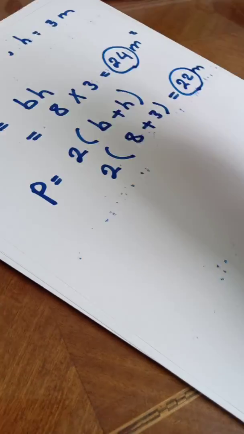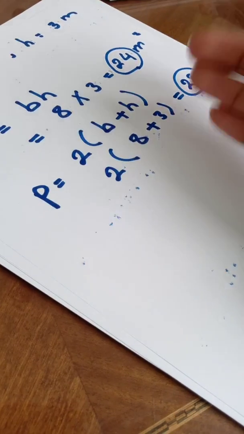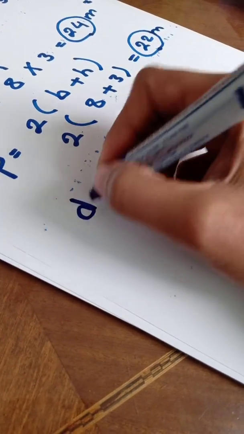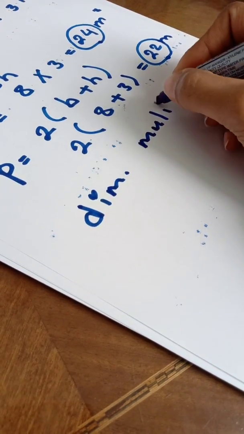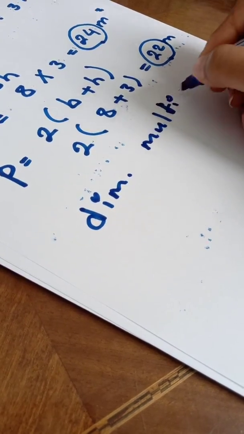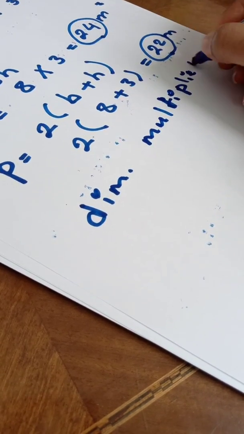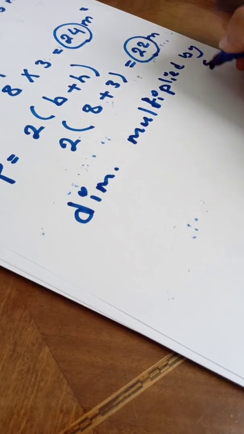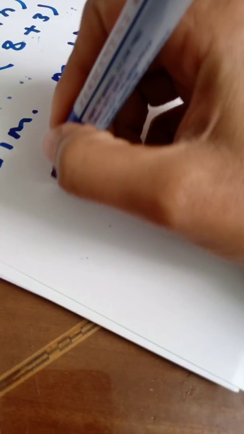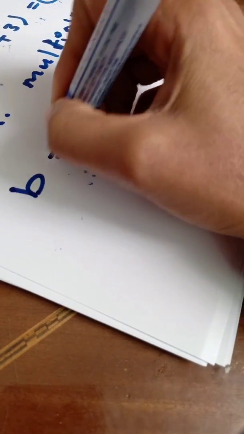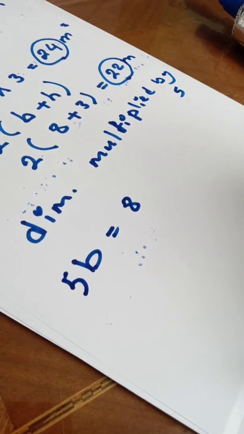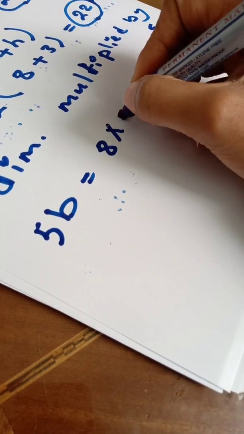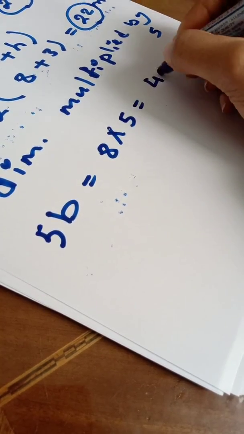Let's see the area and the perimeter after multiplying the base and height by 5. The base was 8, so we multiply the base by 5. 8 times 5 equals 40.